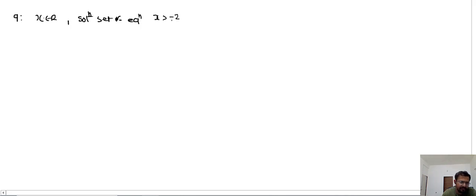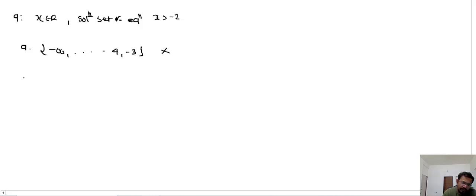A is minus infinity to minus 4, minus 3. We want values greater than minus 2, so this option is not possible because these values are all less than minus 2. Second is 2, 3, 4 up to infinity.